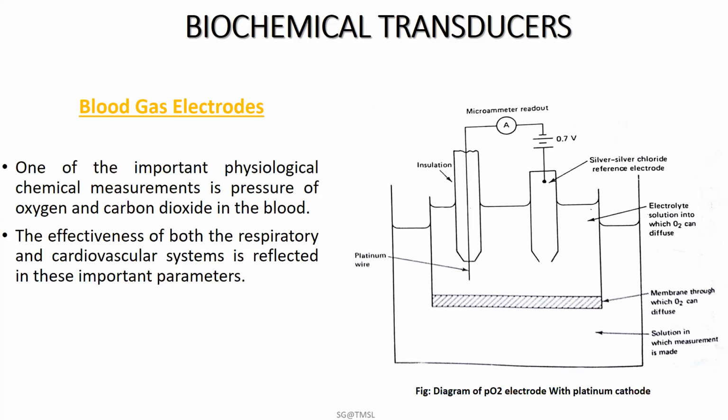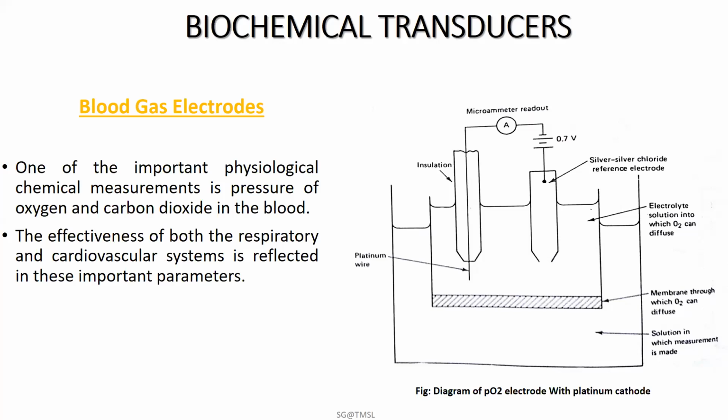The partial pressure of oxygen, which is called PO2, or the oxygen tension, can be measured by either in vitro or in vivo methods.